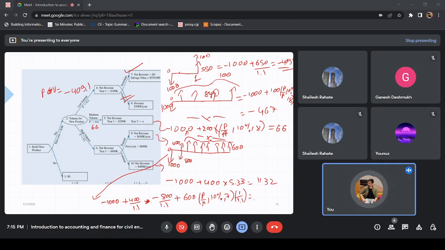So what value are you getting in this case? Anybody with a calculator? Okay, what value are we getting?